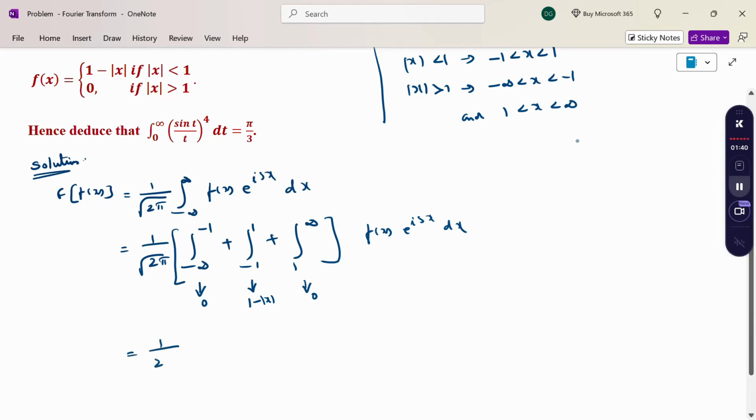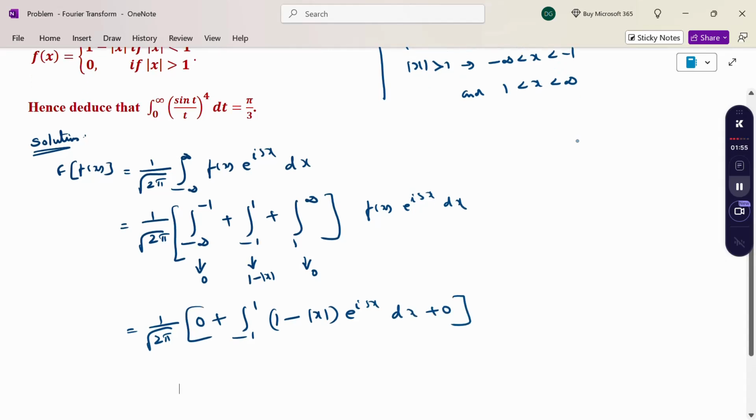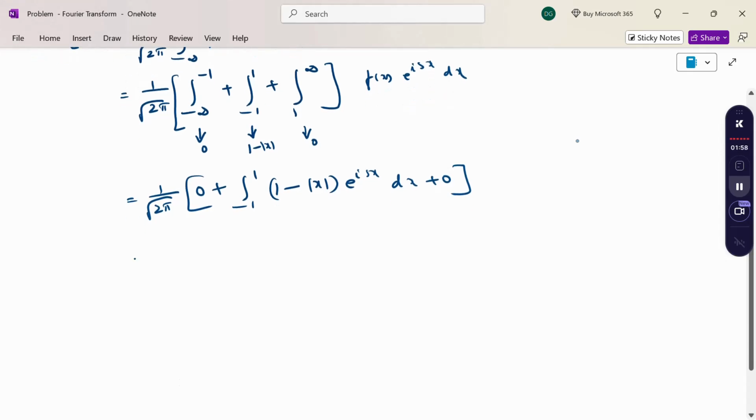Therefore we have 1 divided by sqrt(2 pi) times the integral from minus 1 to 1 of (1 - |x|) e^(isx) dx. Now substitute e^(isx) = cos sx + i sin sx, which is the expansion of e^(isx).